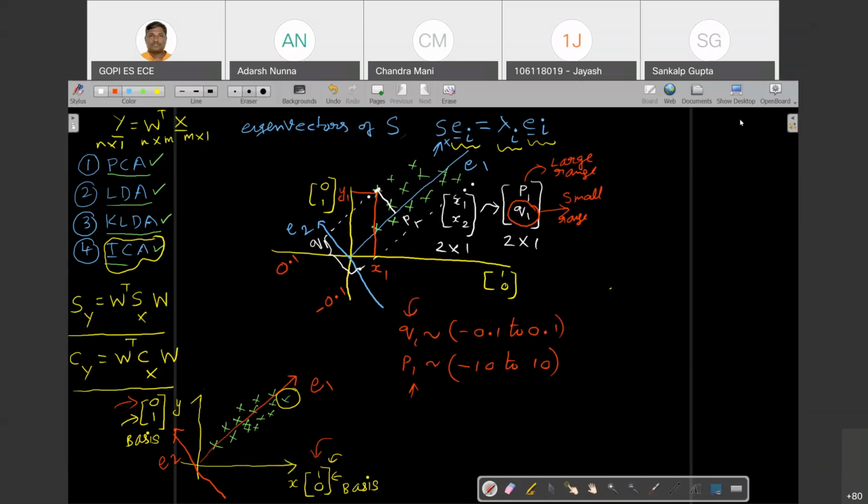But that loss is very insignificant because of this property of PCA. So I can just make use of P1 alone to represent the data. So that is the meaning of it.